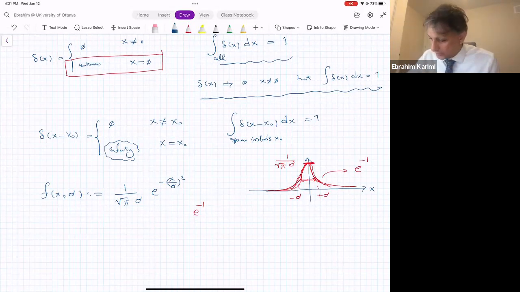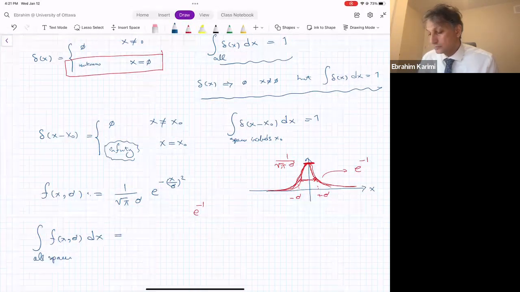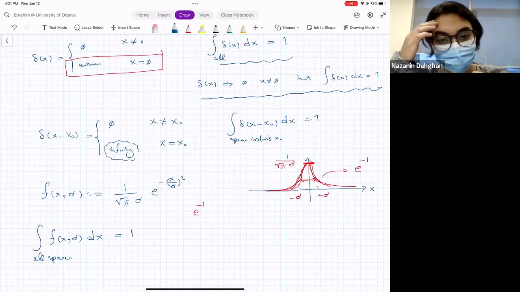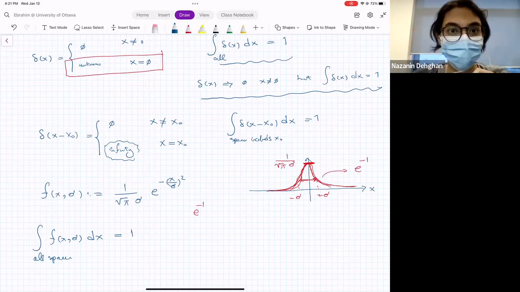You can do an exercise. What is the integral of f of x and sigma dx in all space? It's square root of pi over sigma. It will be 1.